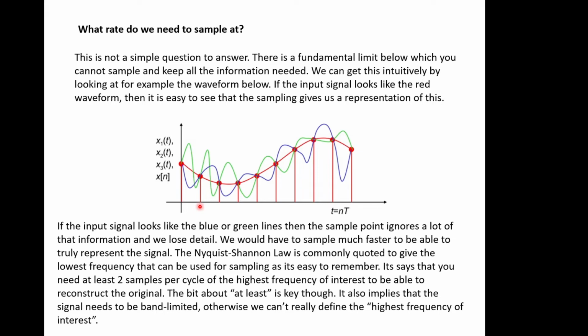So the sample rate becomes intrinsically linked to the bandwidth of the input signal you're trying to sample, and if your input signal is not band limited in the real world, and some of them are, like normally acoustic signals are pretty much going to be band limited to less than 50 kilohertz, because sound doesn't travel very fast or very well above 50 kilohertz, so most of the stuff you'll be listening to is well below 50 kilohertz, and even the microphone that's transducing it will have a bandwidth probably less than 20 kilohertz.